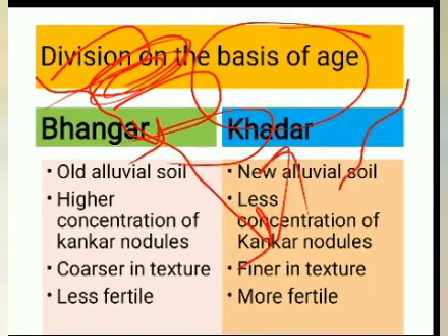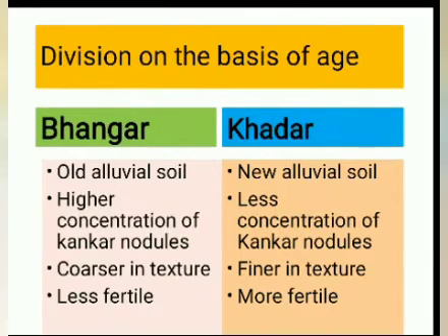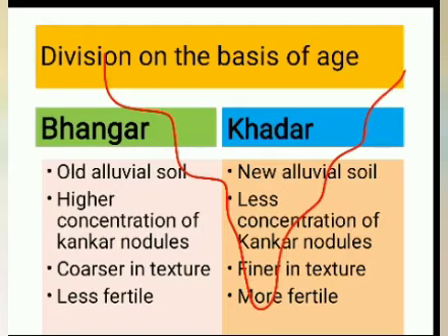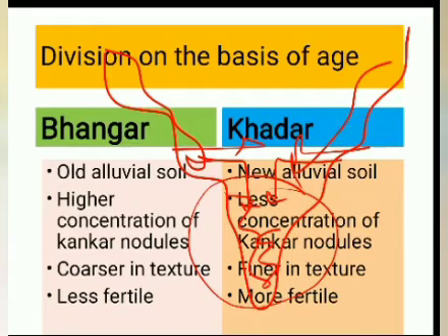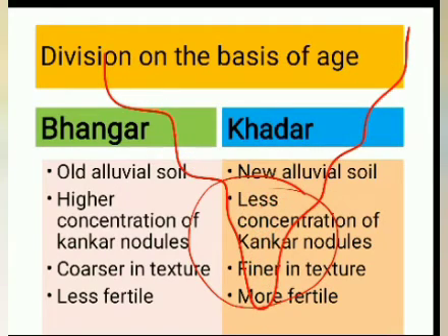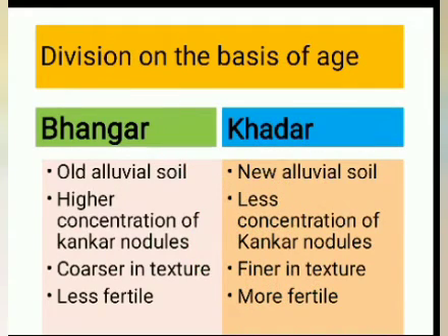If the river starts like this, then this region is your Khadar, the new alluvium. This region is your Bhangar because the river is moving like this. Then again you have Tarai and you have Bhabar. So I tried to draw the longitudinal division.